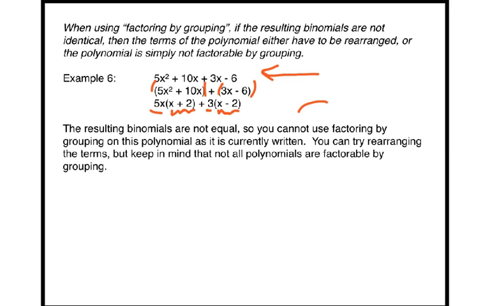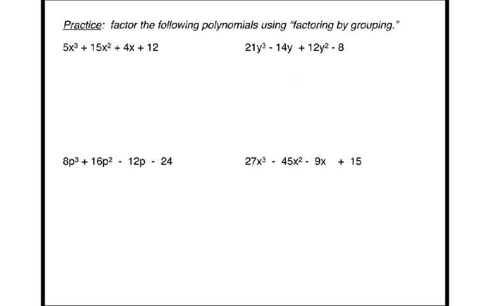So this expression cannot be factored by grouping. As I've explained here, the resulting binomials are not equal, so you cannot use factoring by grouping on this polynomial as it is currently written. You can try to rearrange the terms, but keep in mind that not all polynomials are factorable by grouping.